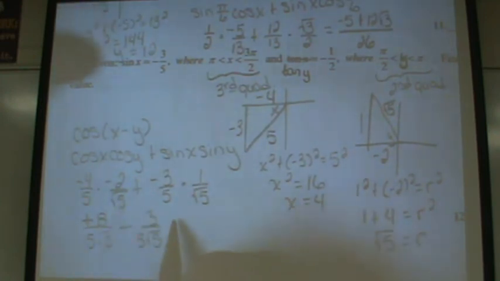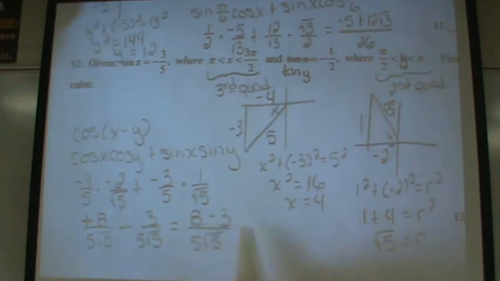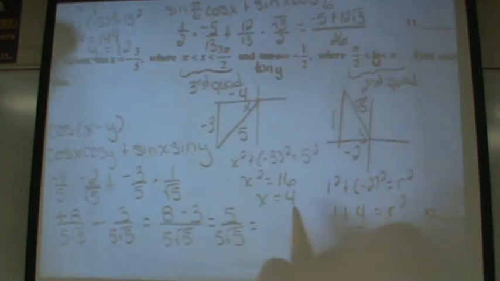Now we can combine these. We have 8 minus 3 over 5√5, which we can simplify to 5/(5√5). Your 5s are going to cancel out.